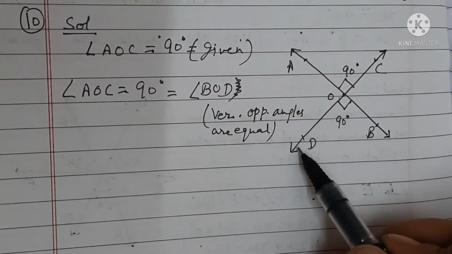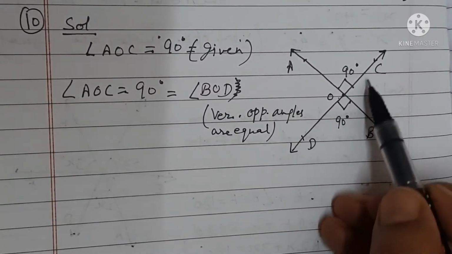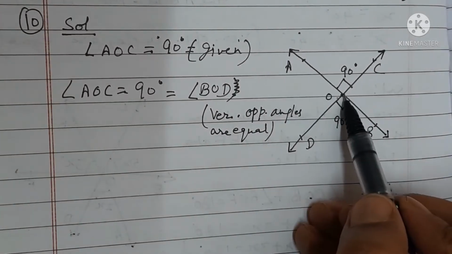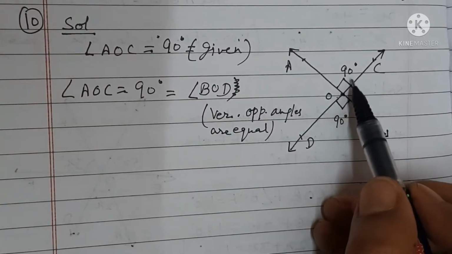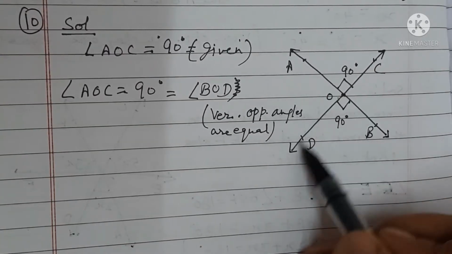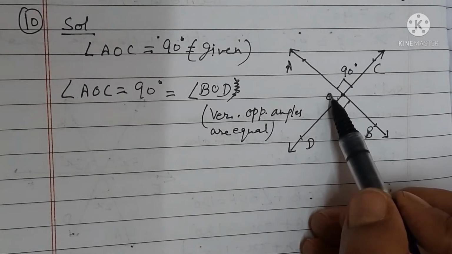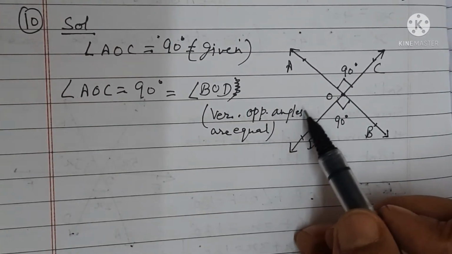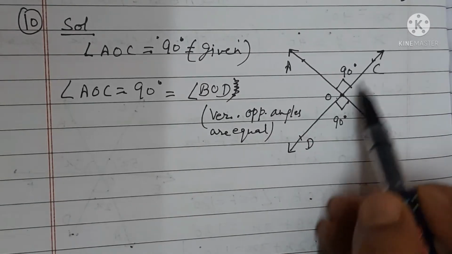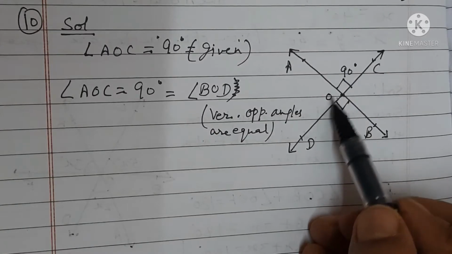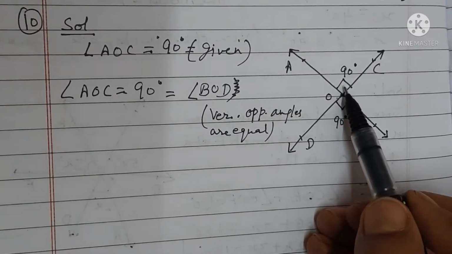And this is the straight line CD, and OA is a ray standing on it. So the sum of the angles AOC plus AOD is equal to 180 degrees, which we have studied in the previous video. If a ray stands on a straight line, then the sum of the angles is equal to 180 degrees.